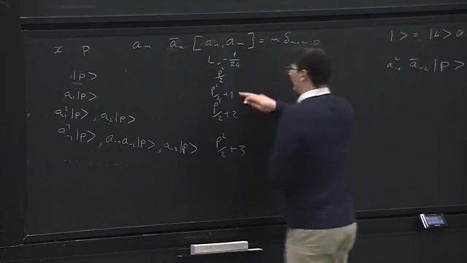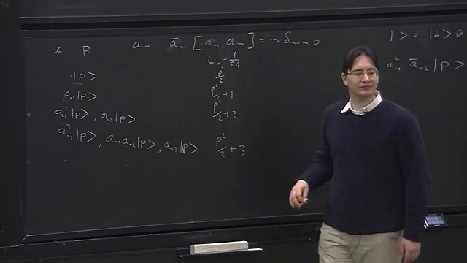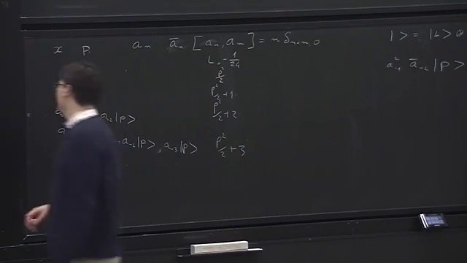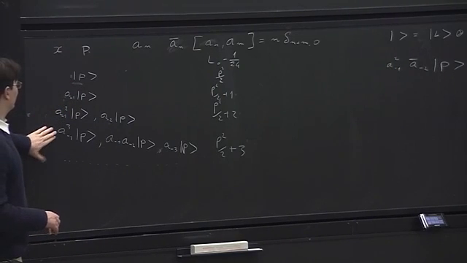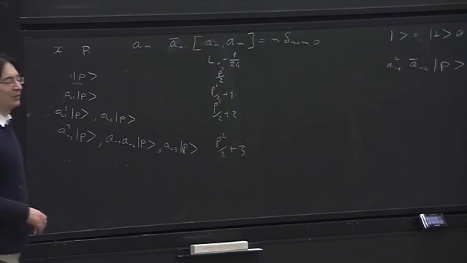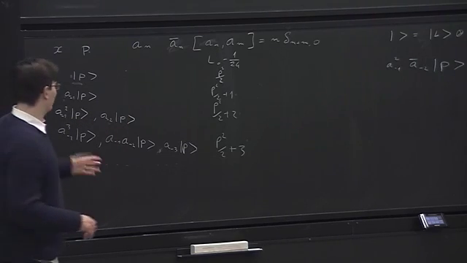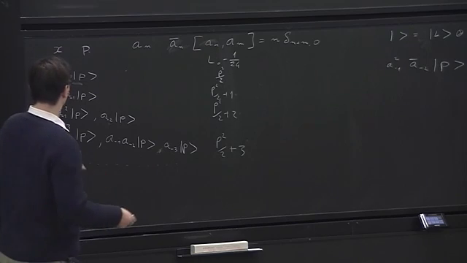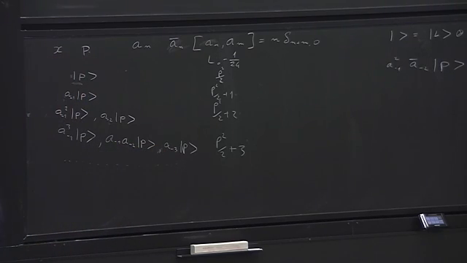Usually this integer is called the level of the state. So at level 0 you have one state, level 1 you have one state, at level 2 you have 2, level 3 you have 3. In general you get the number of partitions, how many ways you can decompose the total level into 1s, 2s, 3s. So the number of states actually goes pretty fast.